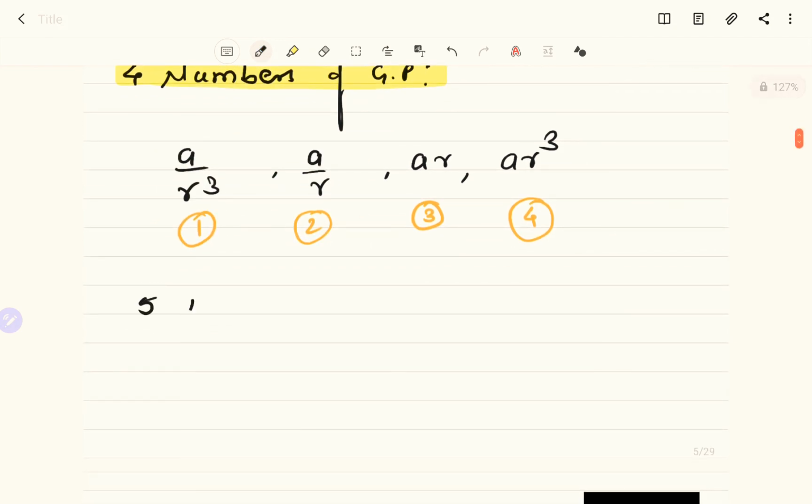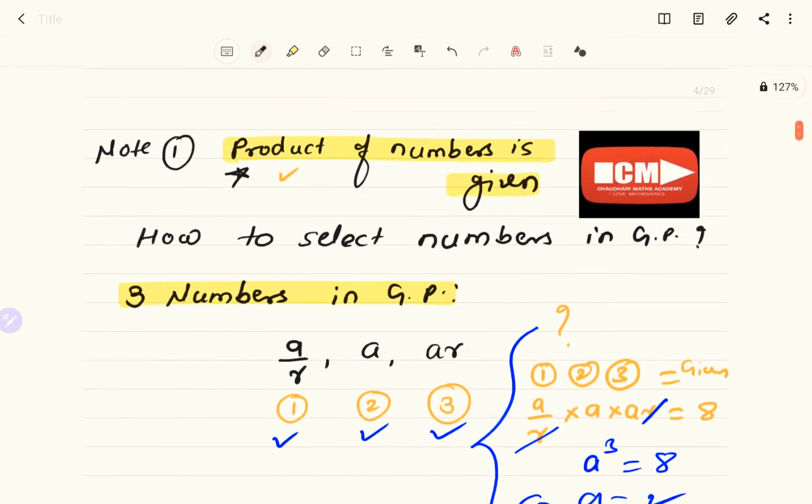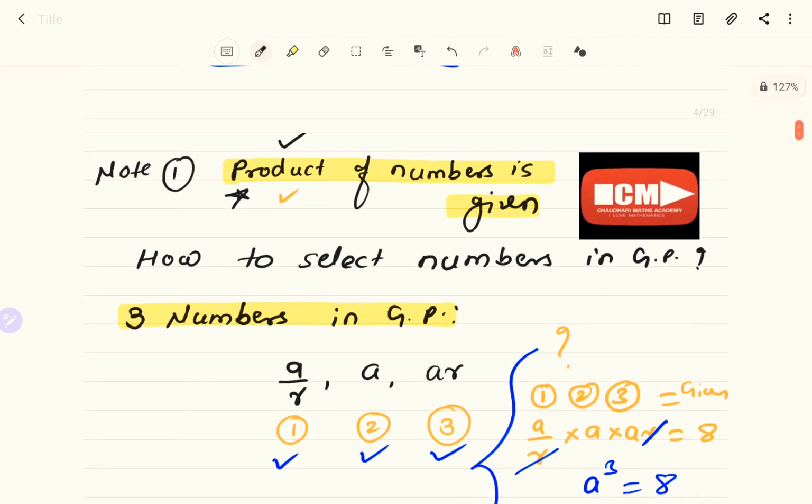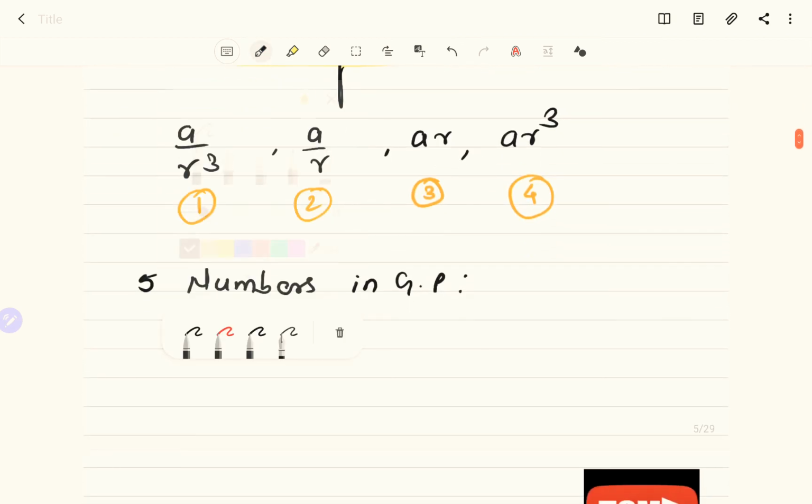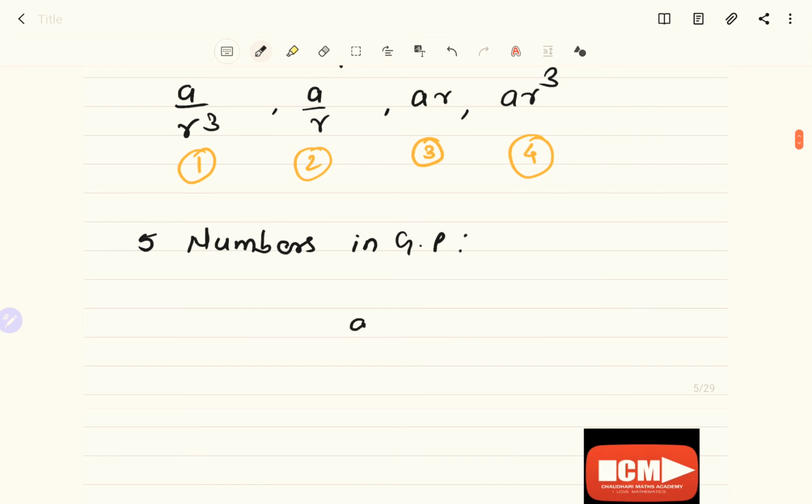What if it is a question of 5 numbers in GP? So if you want 5 numbers in geometric progression, with the condition that the product of all the numbers is given, then please select all these numbers with this sequence: A, then A into R, then A divided by R on this side, AR square on the right hand side, then A divided by R square on the left hand side.